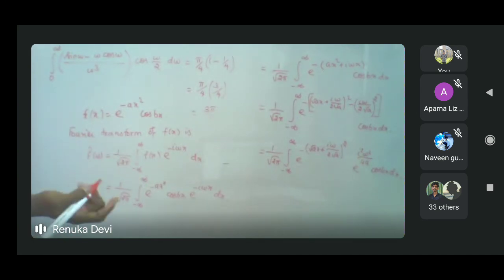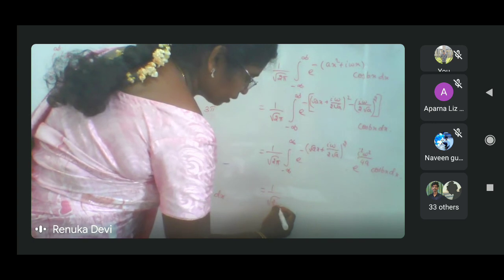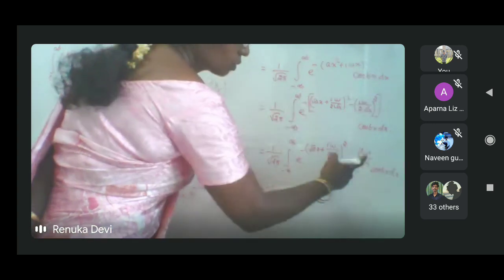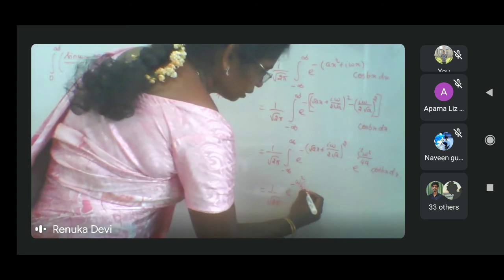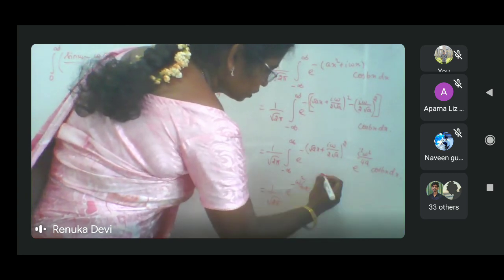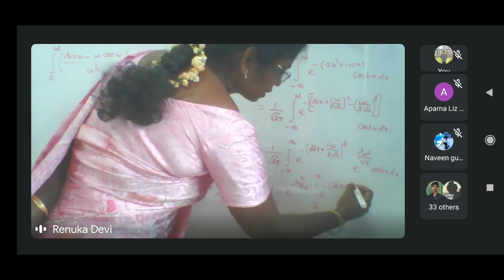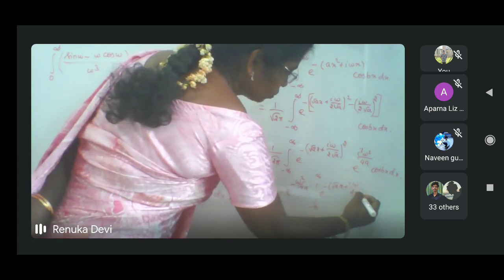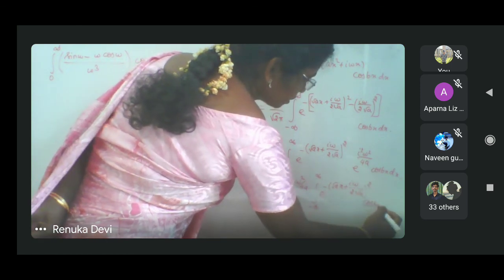I separate that out. 1 by root 2 pi, I bring out this constant term, and i square is minus 1. So e raised to minus w square by 4a, times the integral from minus infinity to plus infinity of e raised to minus (root a x plus i w by 2 root a) the whole square into cos bx dx.